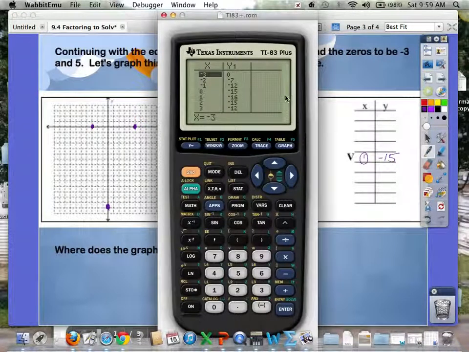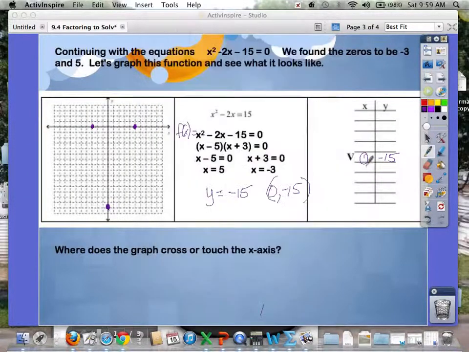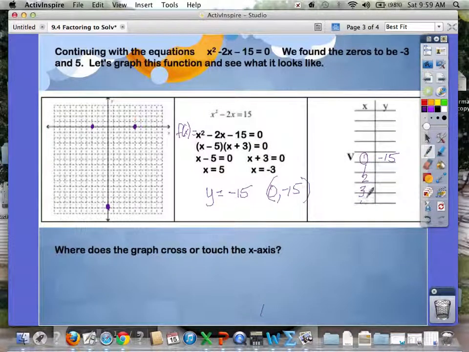All right, and then we have negative 3. Let's go ahead and do our points. 1, 2, 3, 4, negative 1, negative 2, negative 3, negative 4, and let's get those points. At negative 1, it's going to be negative 12, and at negative 2, it's going to be negative 7, and at negative 3, it's going to be 0.